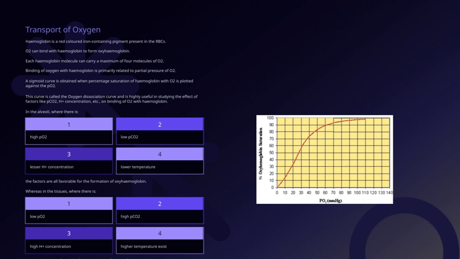Specifically, higher temperature and high PCO2, along with increased H+ concentration, make it easier for hemoglobin to release oxygen. On the other hand, in the lungs, lower PCO2, lesser H+ concentration, high PO2, and lower temperature favor the formation of oxyhemoglobin, helping hemoglobin pick up oxygen when needed.